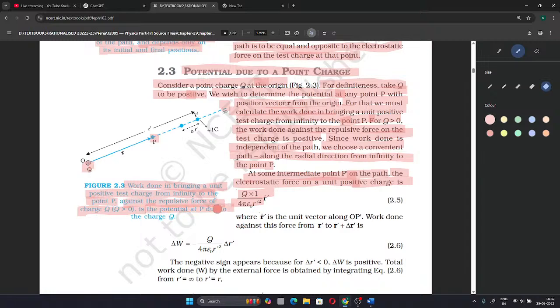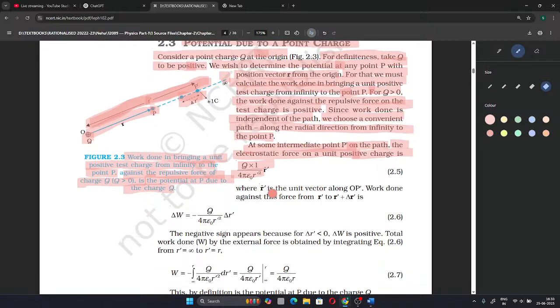The distance here is delta R', from here to here it is R', and from Q to P it is R, where R cap is the unit vector along OP'.